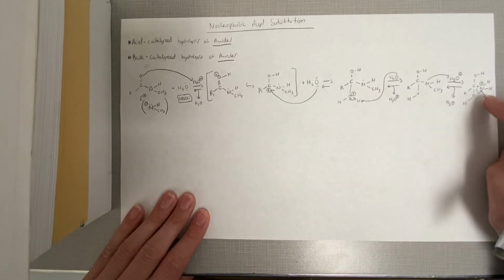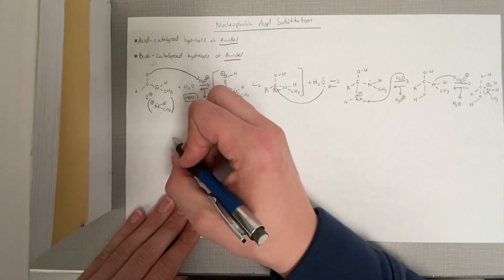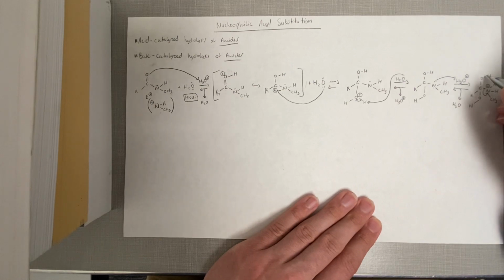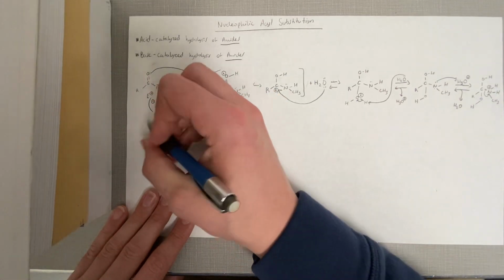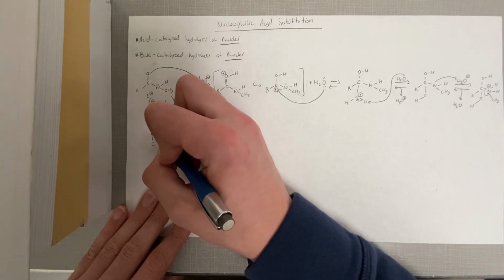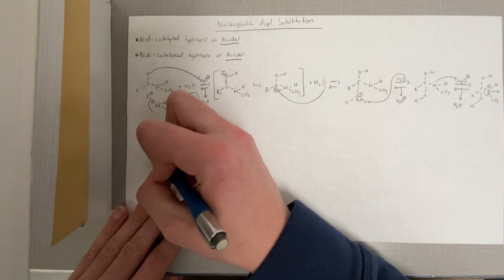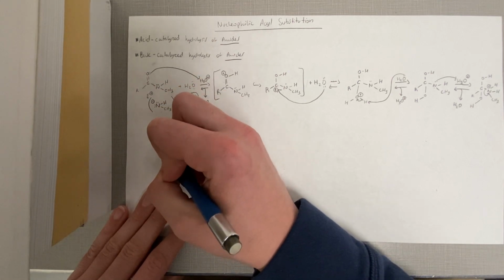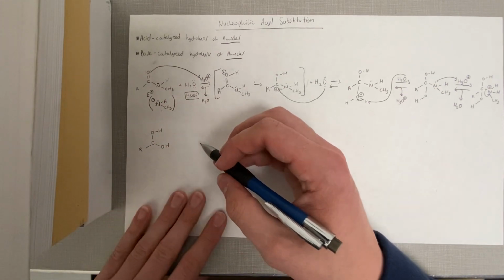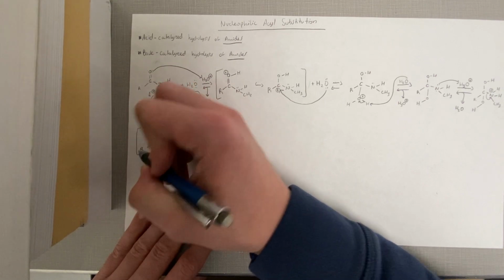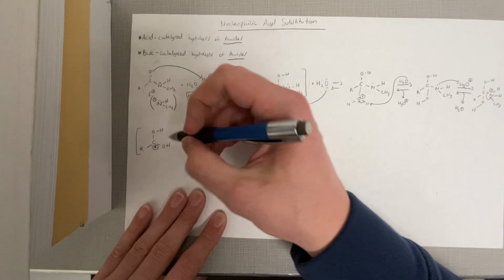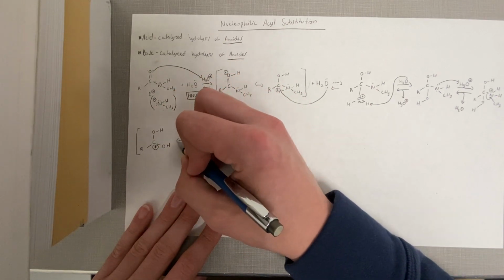All right. And then with this ready to leave, we have a carbon here, so H, and this R, and we still have this positive charge here.